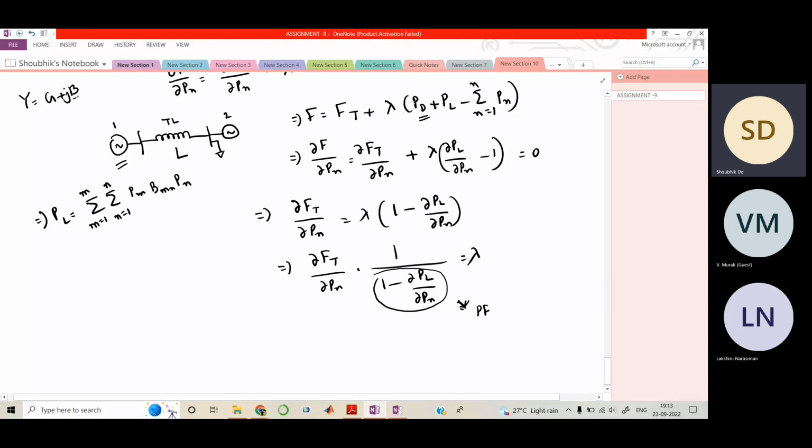This is coefficient B here, and we are considering only the imaginary term, since the R by X ratio is very very small.